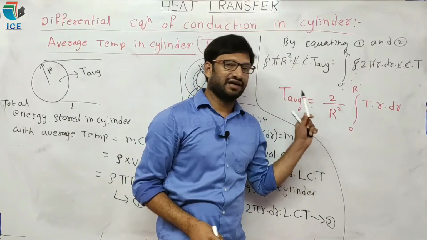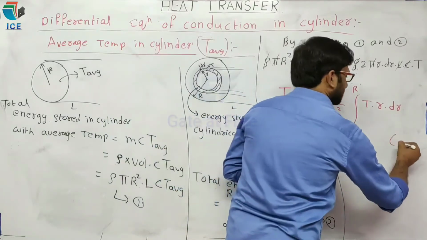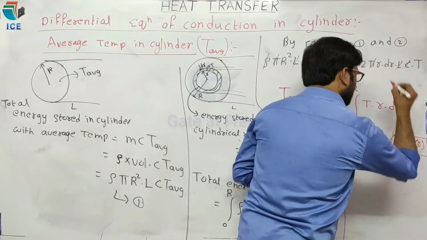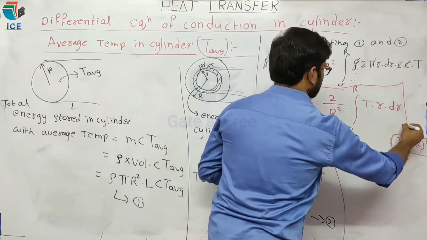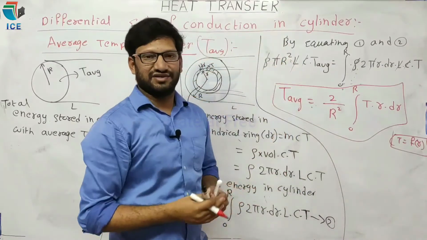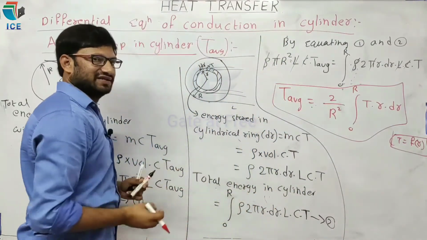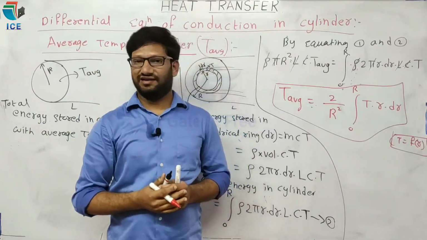We have taken the assumption that it is a one-dimensional flow, where temperature is a function of radius. Therefore, this is the average temperature equation in cylinder. Now you have to remember the main equation, the father equation, that is the differential equation of conduction in cylinder.